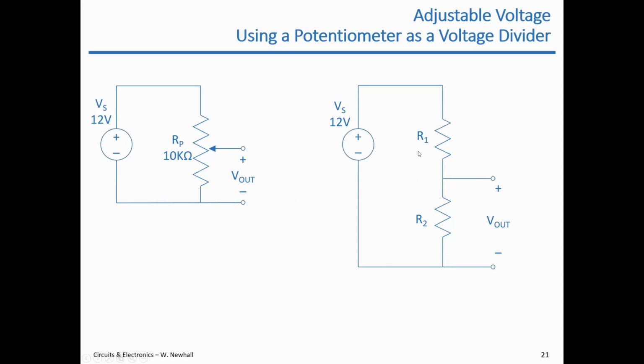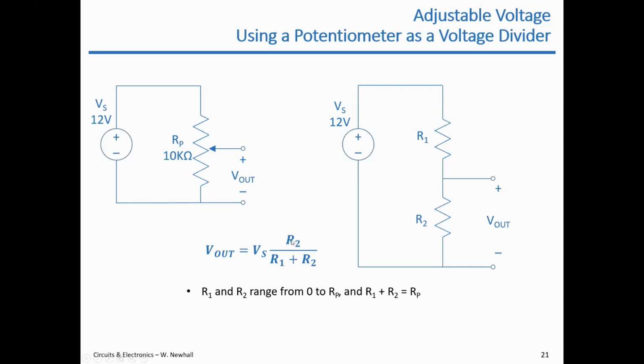Okay, so since these are in series and I have a voltage applied across, I can use the voltage division expression. So V out, the voltage across R2, that's what I'm looking for, equals Vs, the voltage across the series set, times R2, the resistance across which I'm trying to find the voltage, divided by the sum of the resistances. R1 and R2 range from 0 to RP. So the bottom here is just RP. R1 plus R2 is always constant. It's 10K ohms.